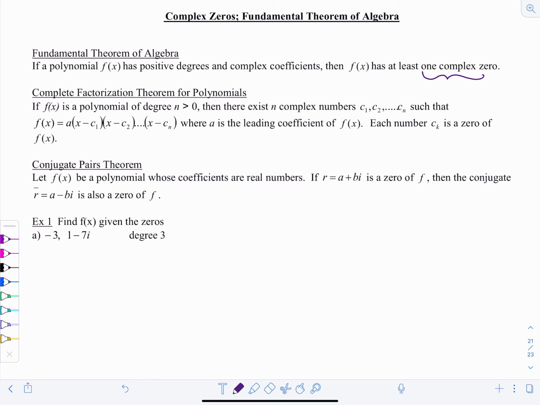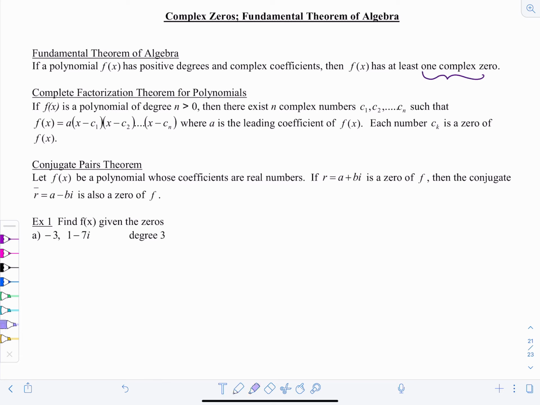And the complete factorization theorem for polynomials tells us if f is a polynomial of degree n, then there exist n complex numbers, c1 all the way up to cn, such that you can write f completely factored as a, that's some coefficient, times x minus c1 times x minus c2, all the way up to x minus cn. So each number c sub k is a zero of f of x.